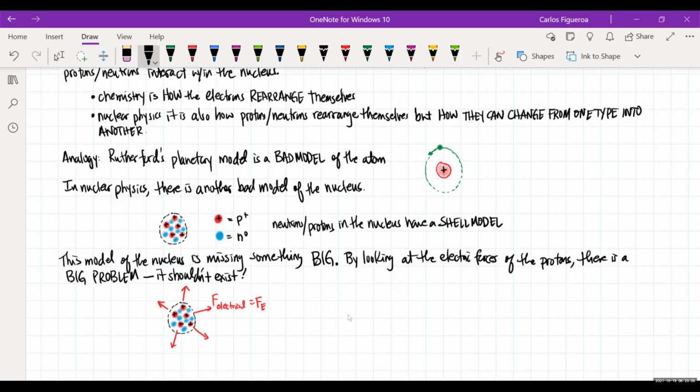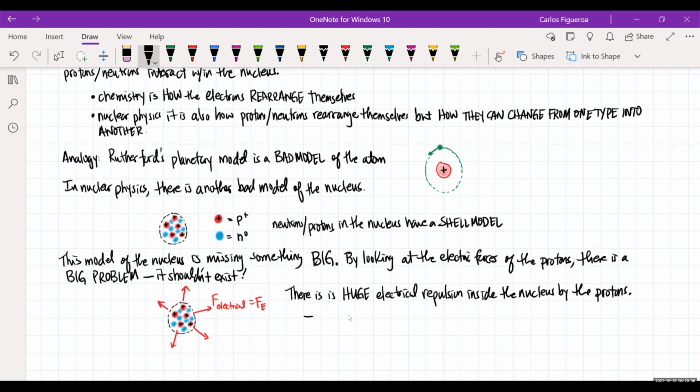So what we're saying here is that there is a huge electrical repulsion inside the nucleus by the protons.